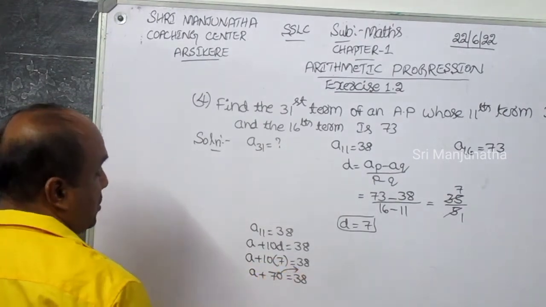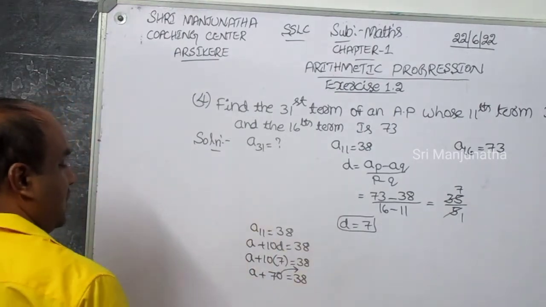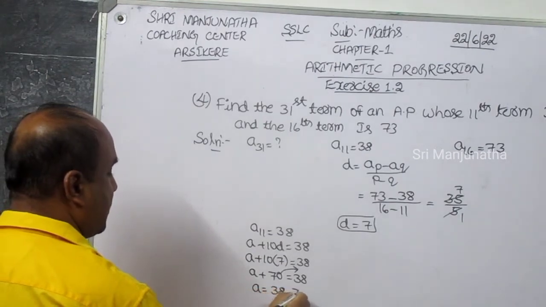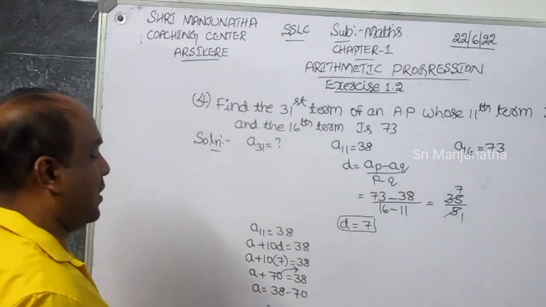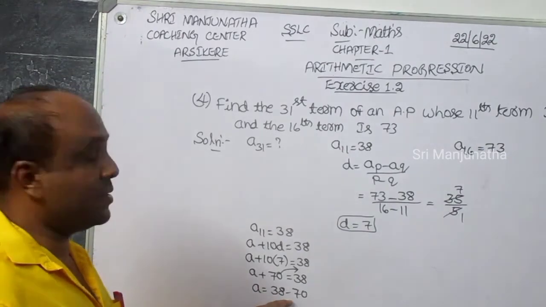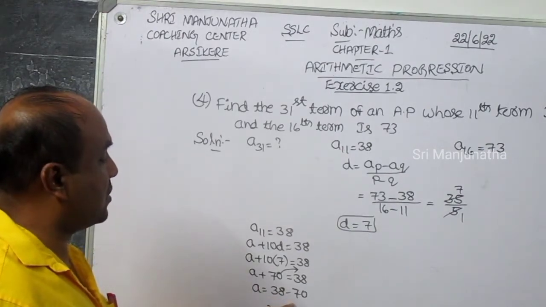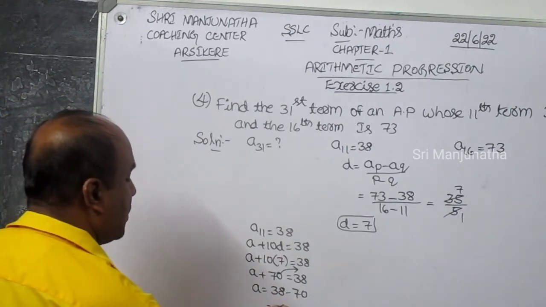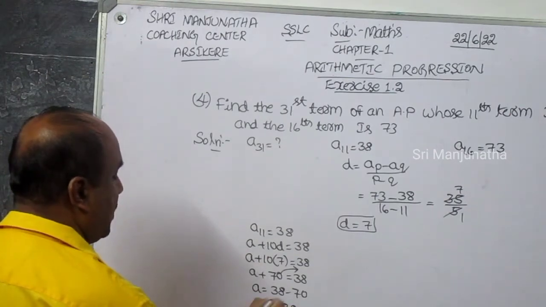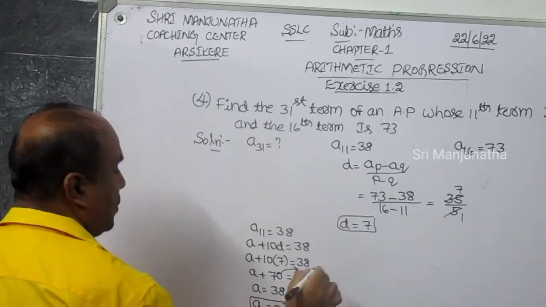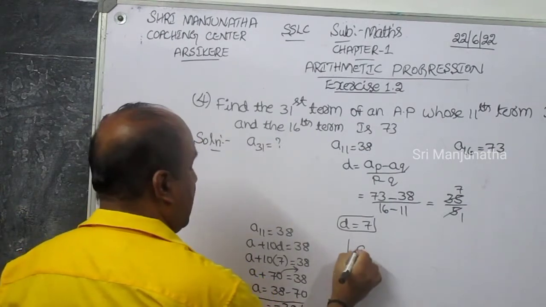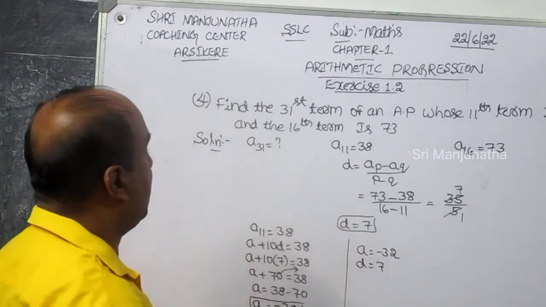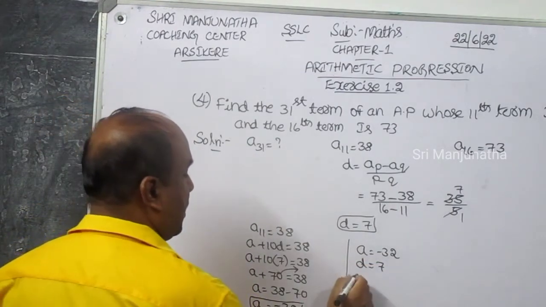The 70 goes to the other side, and the sign will change. A equals 38 minus 70. 38 minus 70 is not possible, so I have to subtract 70 minus 38. We get 32. So A equals minus 32.